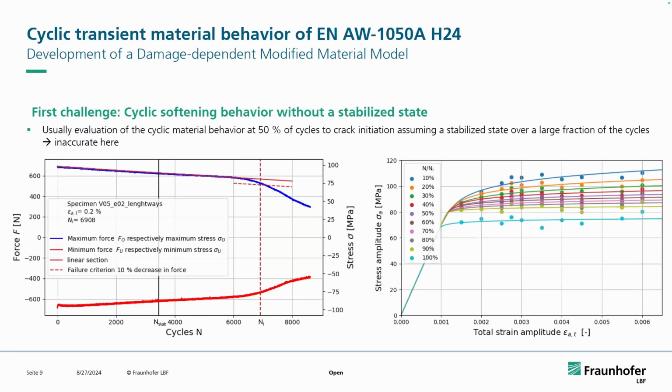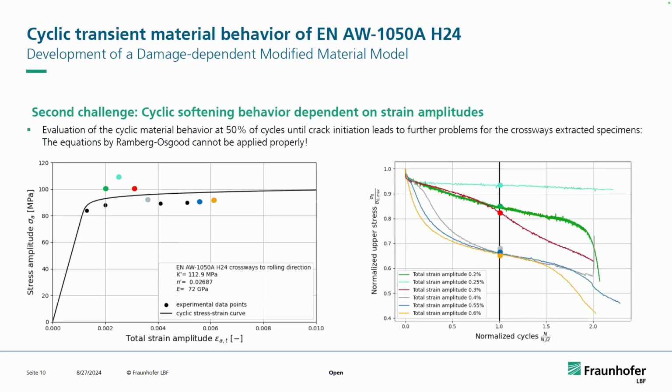And with regard to the stress-strain curves right here, you can imagine that if you only use the stress-strain curve at 50% of damage, as you would usually do, your calculations would be very far off. So the second challenge is what I already mentioned. In short, you can see that the Ramberg-Osgood curve looks a little strange.